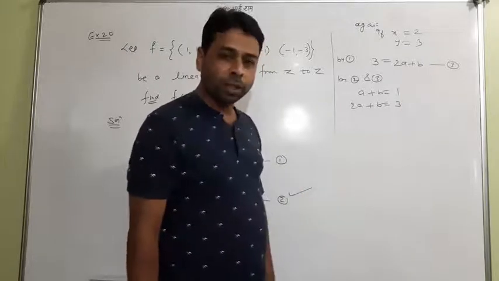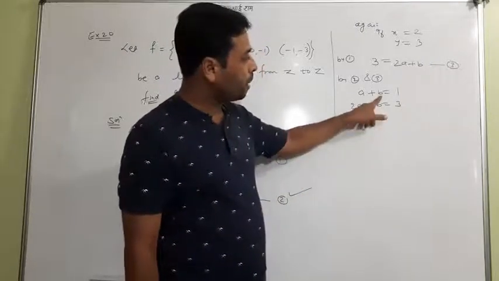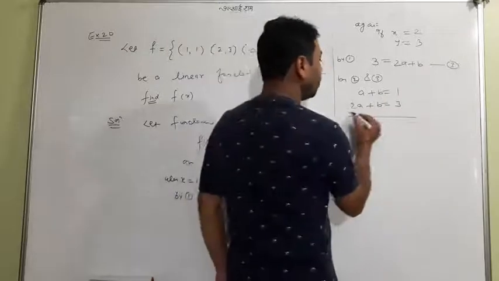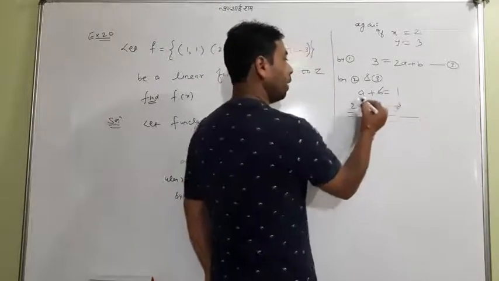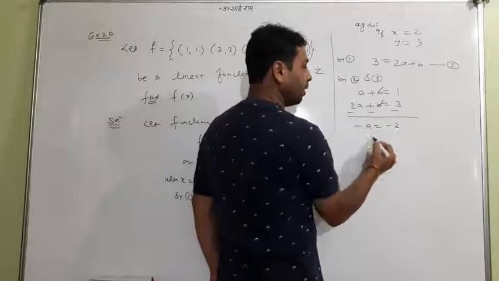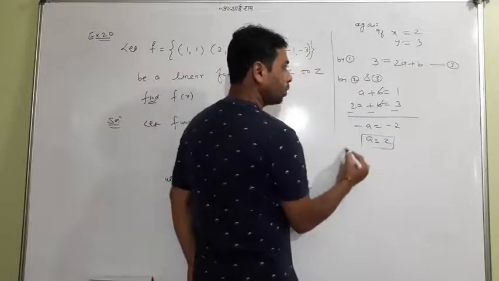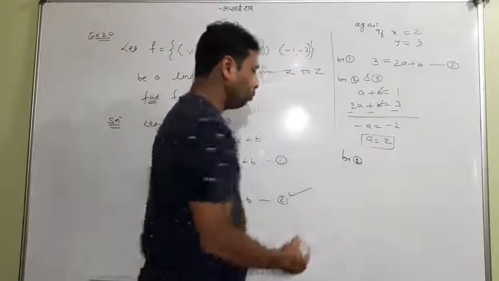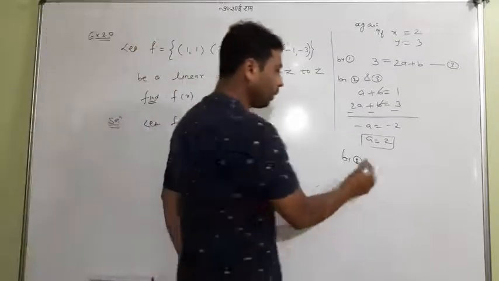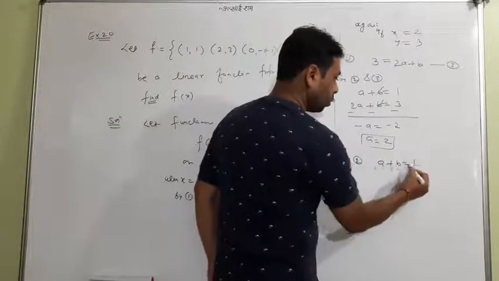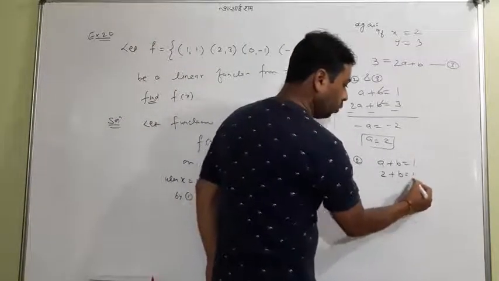You read the pair of linear equations in class 10th. This is very simple. B and b are coming, so I'll eliminate them by subtraction. So a minus 2a will be minus a, and this is minus 2, so a is equal to 2. Putting this in a plus b equal to 1, a is equal to 2 and b is equal to minus 1.